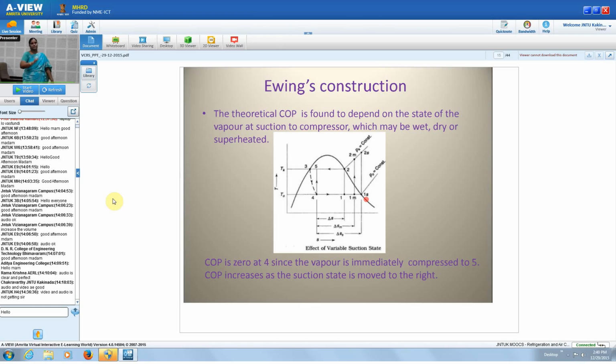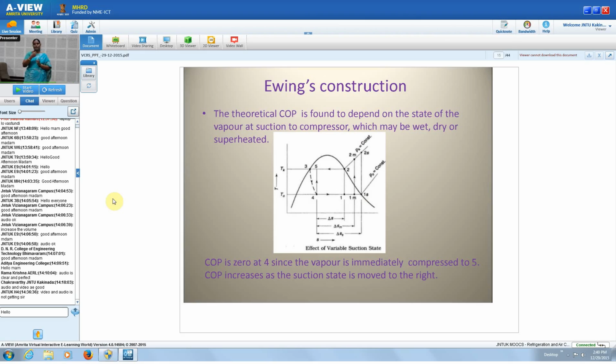Then 1m to 2m is nothing but the isentropic compression process. So at the end of the compression, that is 2m, it is in the superheated state. With that, we can increase the refrigerating effect. That also increases the work input to the compressor. Our main aim is to get more refrigerating effect.